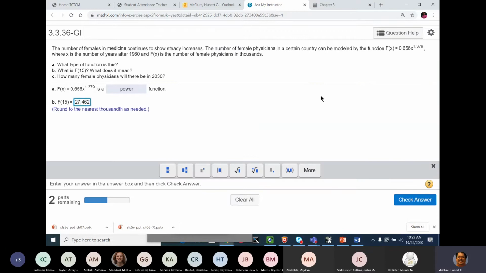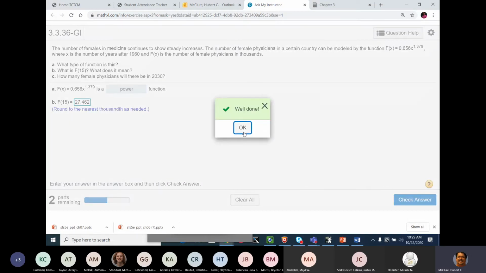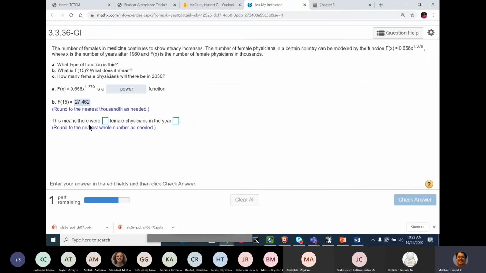The mean is where blank female physicians.